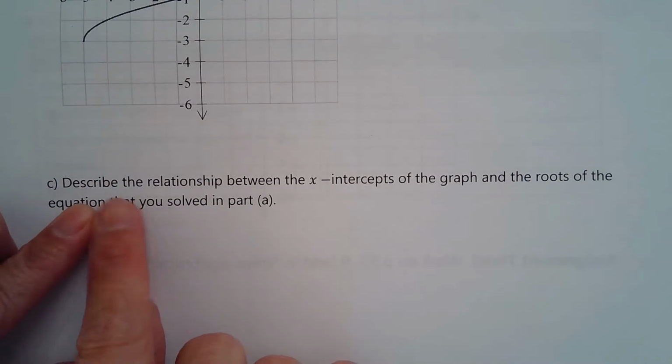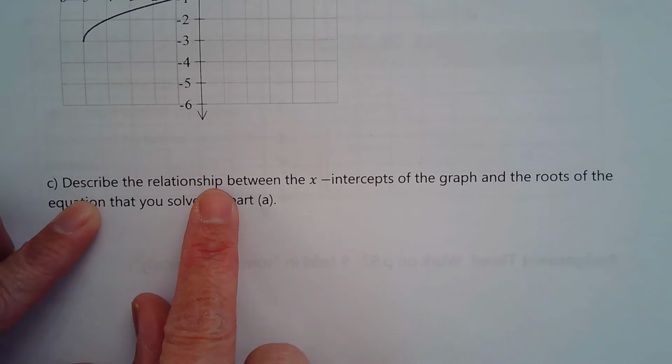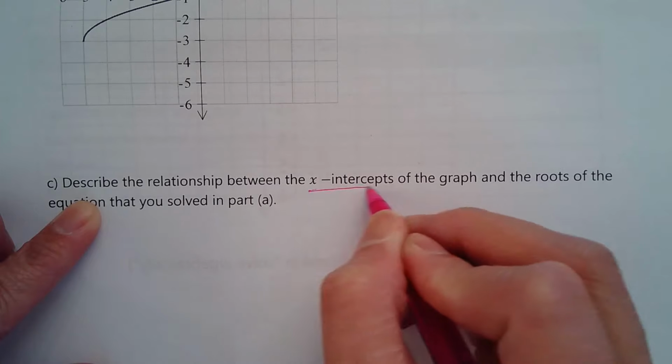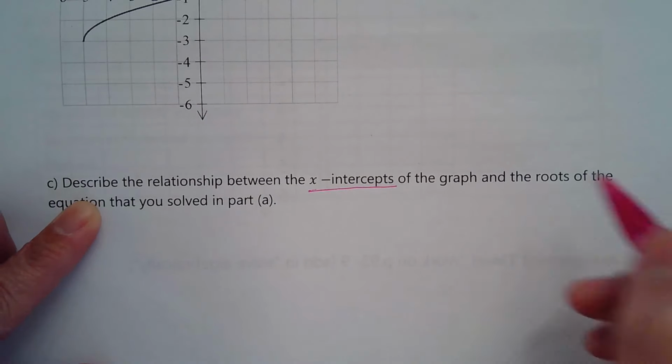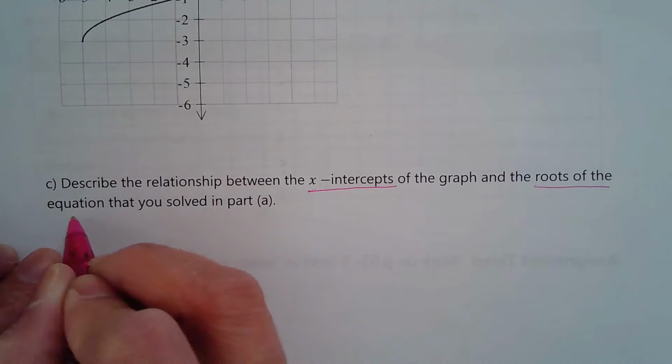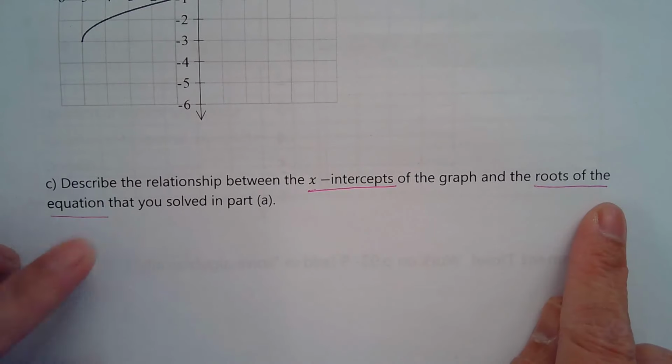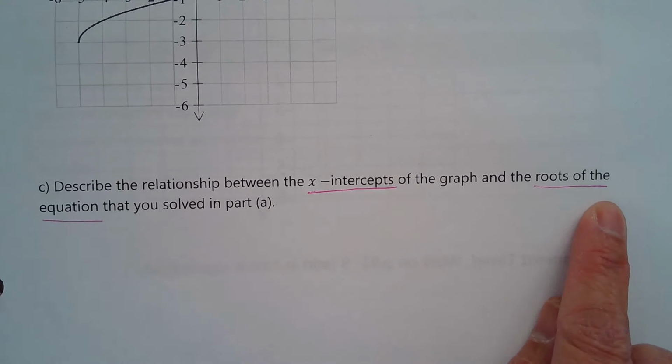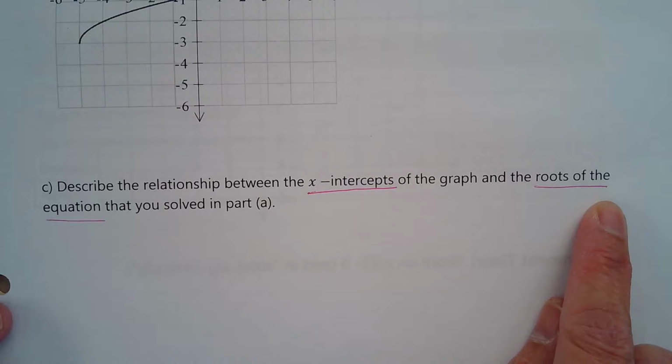Now, putting it all together: describe the relationship between the x-intercept of the graph and the roots of the equation. The roots of the equation are the solutions to the equation.